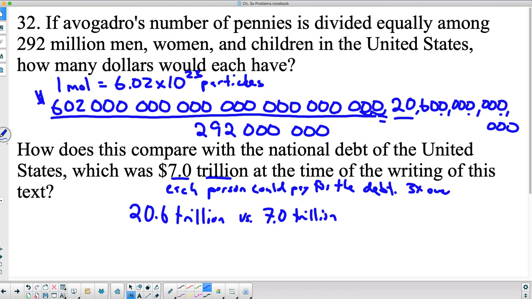Wow, that's a lot. So 1 mole equals that number of particles. When we're talking about moles of an element like carbon, 1 mole equals that number of atoms of carbon. And those atoms then have a mass of 12.0 grams of carbon. Notice that 12 is the same number as the atomic mass on all periodic tables.